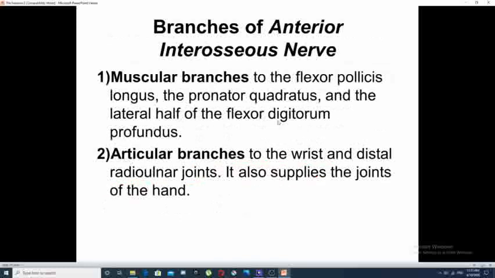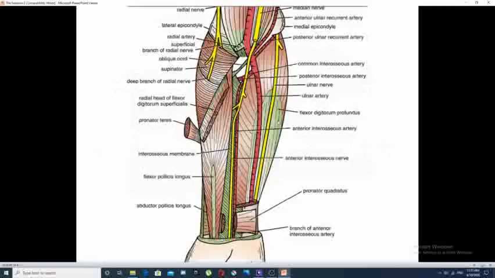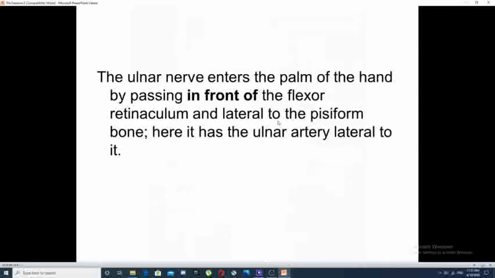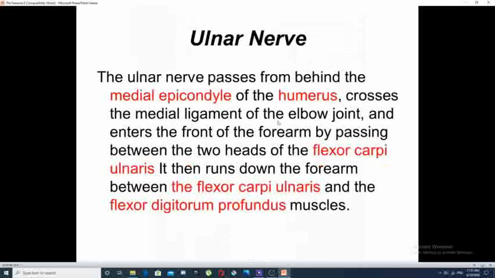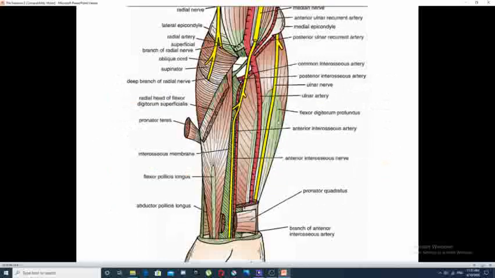It gives muscular branches to flexor pollicis longus, pronator quadratus, and the lateral half of flexor digitorum profundus. It gives articular branches to the wrist joint and distal radio-ulnar joints. This diagram shows the median nerve and the anterior interosseous branch.